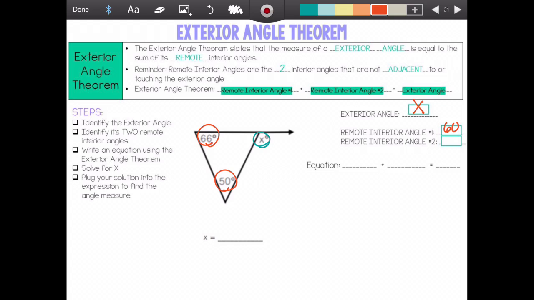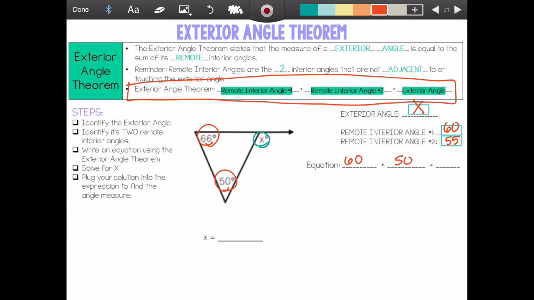So 60 and 55. Now, using our theorem right here, this equation, it says to add the two remote interior angles and set it equal to the exterior angle. So in this case, I'm going to take 60 and 50, add those together, and it's going to equal the exterior angle, which is x.